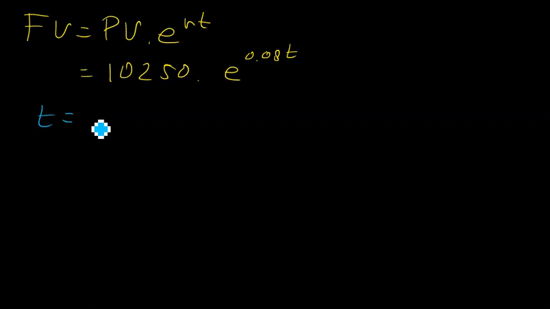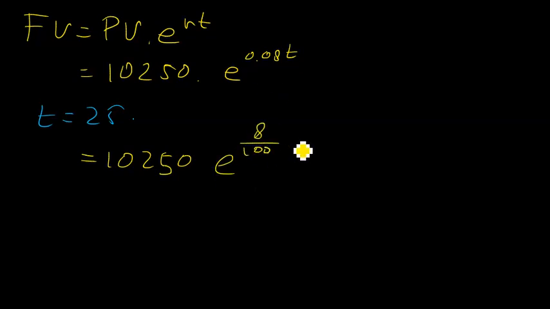So the t here is 25, and we can just put in the numbers: 10,250 times e to the power of 8 over 100 times 25.